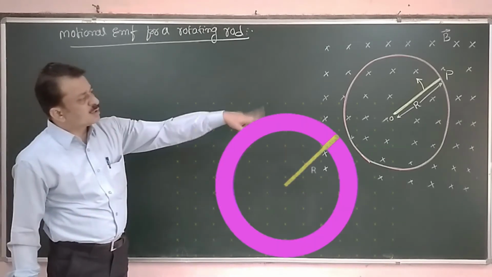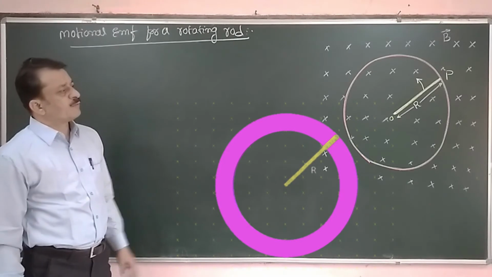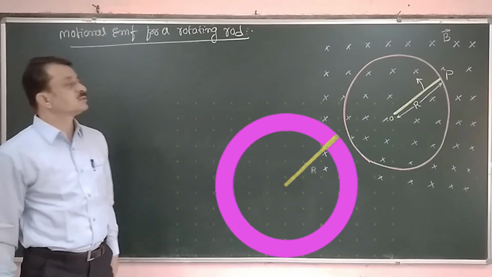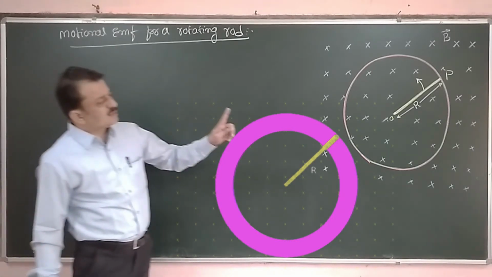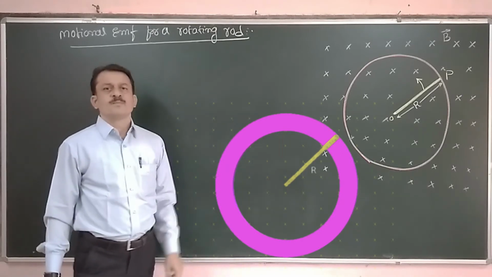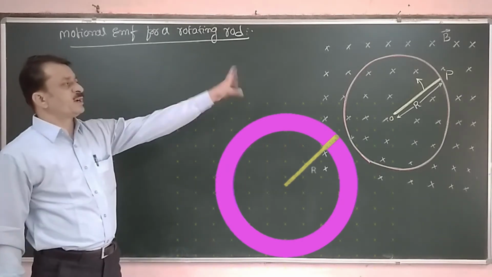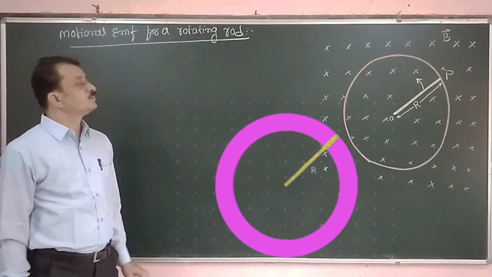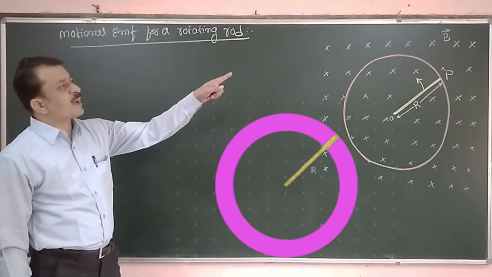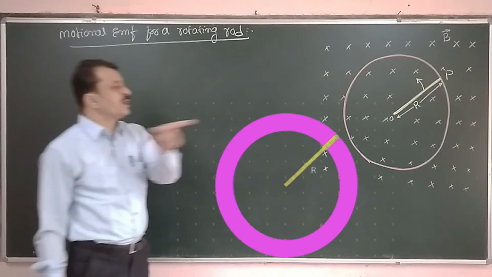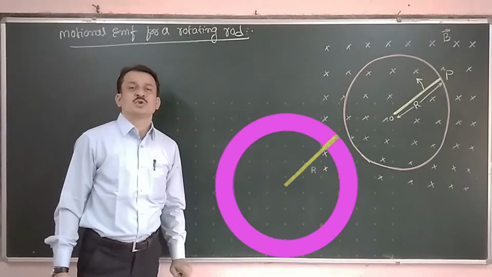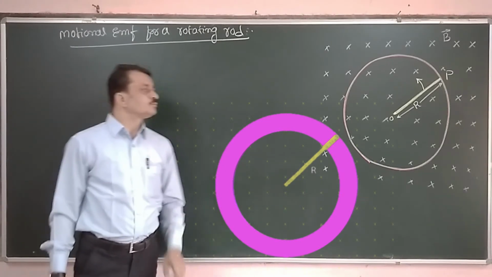Now consider rod OP of length capital R. It is fixed at one end, that is O, and free to rotate at the other end. A uniform magnetic field B is applied into the plane of the board as shown in the diagram.